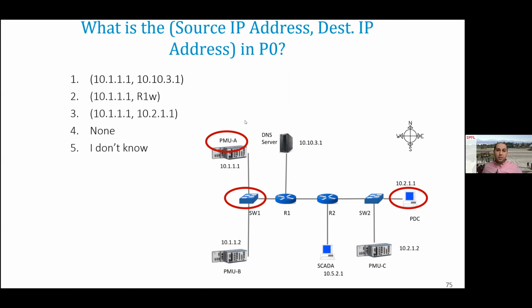What is the source IP address and the destination IP address of this packet that is intercepted at switch 1? I close the poll.